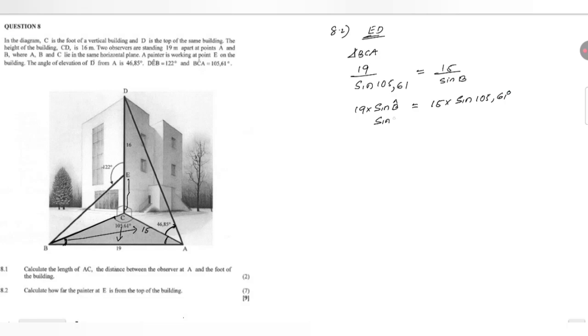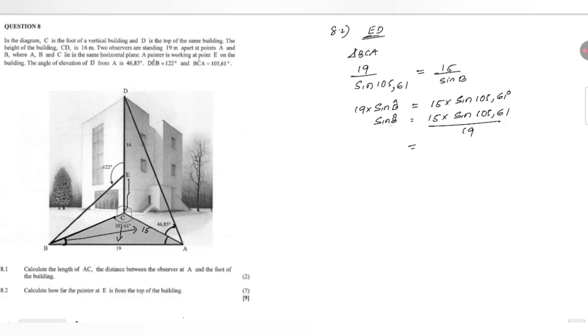Therefore sine B is equal to 15 times sine 105.61 divided by 19.